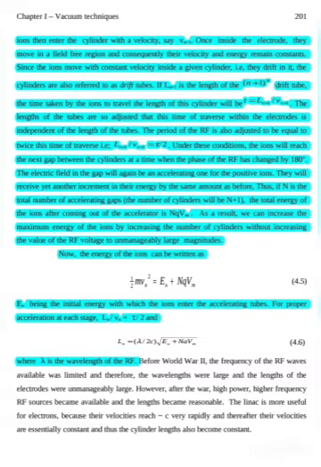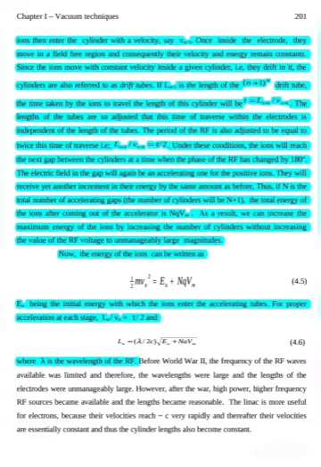For proper acceleration at each stage, Ln by Vn is equal to tau by 2 and Ln is equal to lambda by 2c into root of E0 plus nqVm, where lambda is the wavelength of the RF. Before World War II, the frequency of the RF waves available was limited and therefore the wavelengths were larger and the length of the electrodes was unmanageably large.